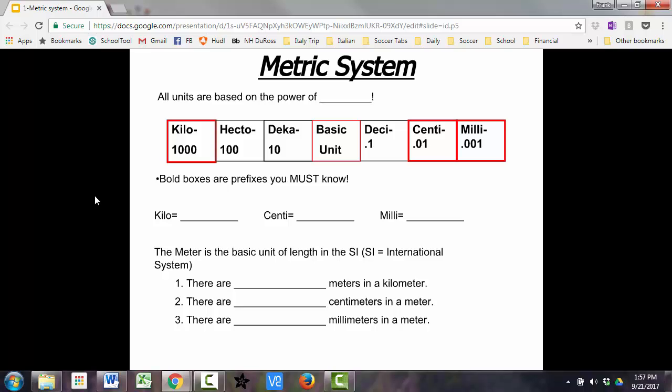So all units are based on a power of 10, and that makes the conversion from unit to unit pretty easy. Because all you need to do is multiply and divide by 10, or multiples of 10. And as you probably know from math class, when multiplying and dividing by units of 10, what can you really do?